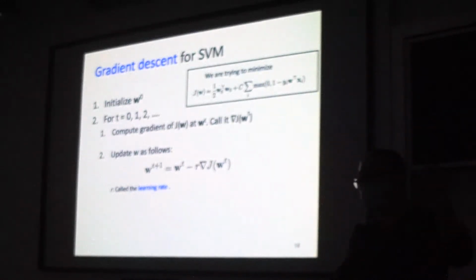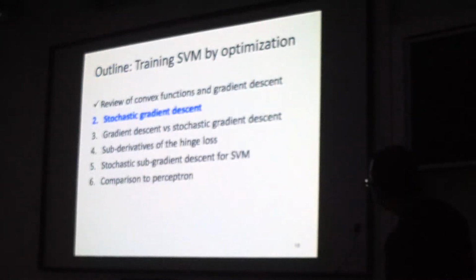We just assume we are able to compute some kind of gradient, and then we update our weight vector by subtracting from the current WT the learning rate multiplied by the gradient. R is called the learning rate. You do it again and again until you finish all the iterations or some tolerance level is satisfied, and then you finish the gradient descent. So this is the gradient descent framework.